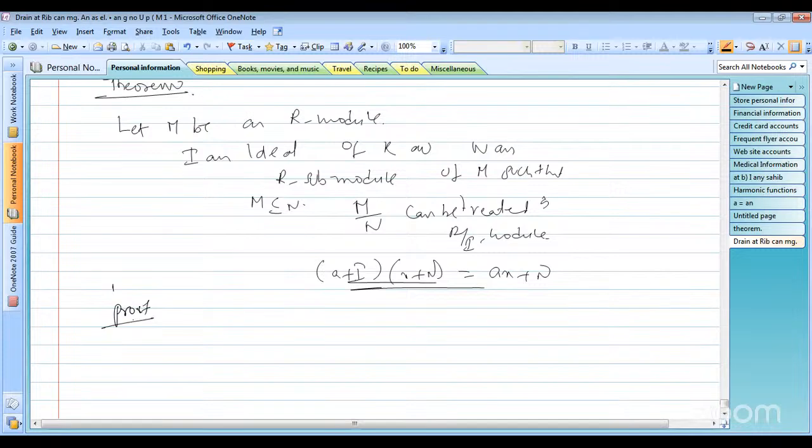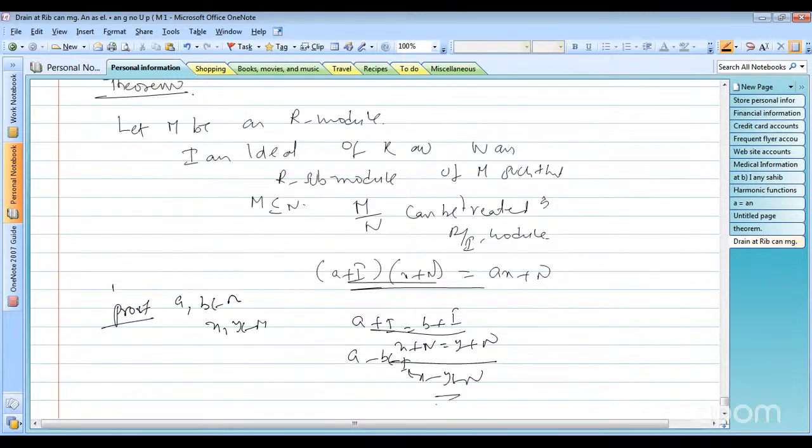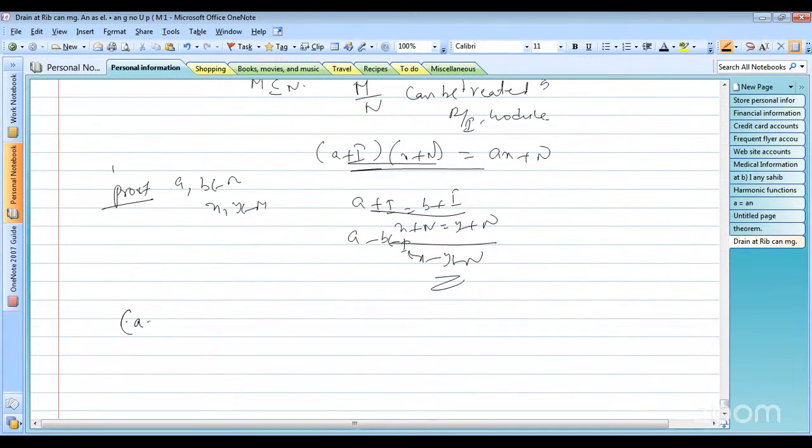First we have to show that these operations are well defined. Let a, b belong to R and x, y belong to M. Suppose a plus I is equal to b plus I, and x plus N is equal to y plus N. Then a minus b belongs to I, and x minus y belongs to N also. These conditions are satisfied here.